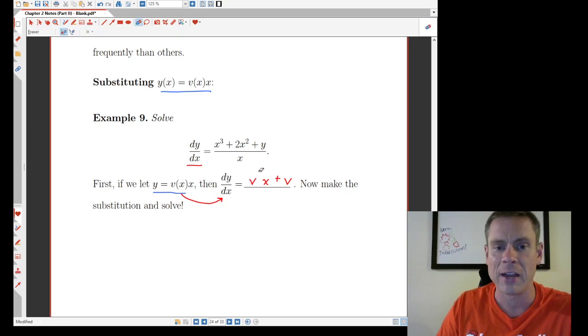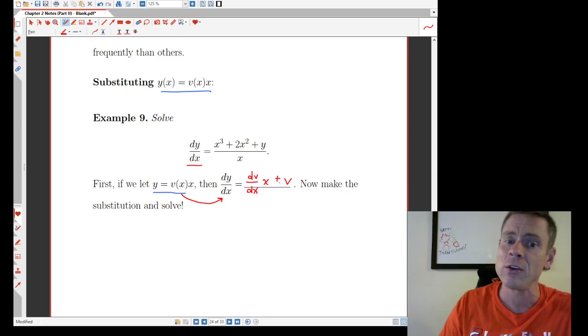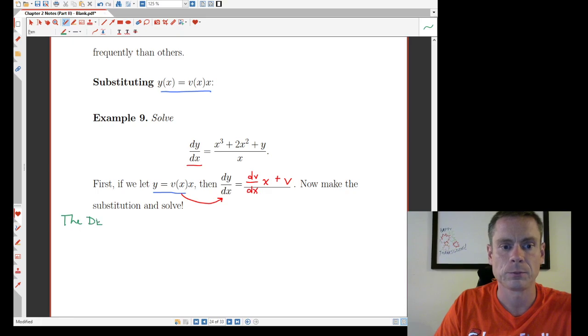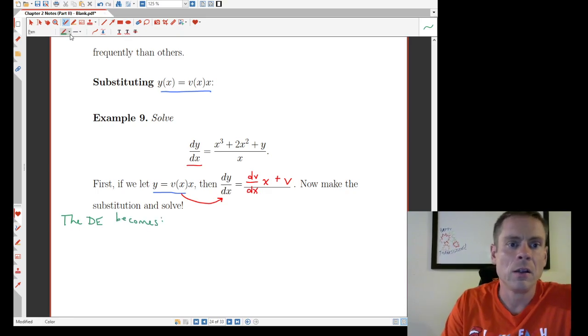If you're really confused, I could actually write dv/dx here instead. So maybe I'll do that: dv/dx times x plus v. And now what I'm going to do is make the substitution. The differential equation becomes the following.